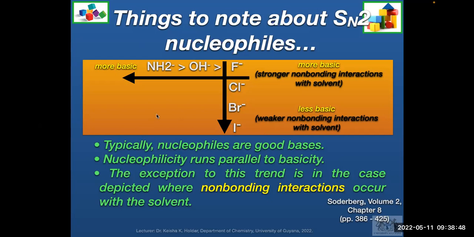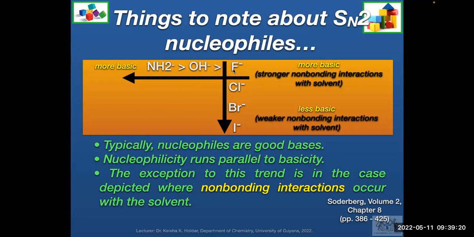We identified previously that the reason for this is that there are some situations where, even though an element may be a stronger base, as in the case here with fluoride and iodide. We know that fluoride is the conjugate base of hydrofluoric acid, and hydrofluoric acid is a weaker acid than hydroiodic acid. Hydroiodic acid is a strong acid of the two, right?